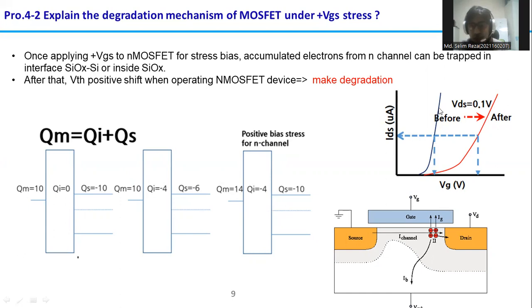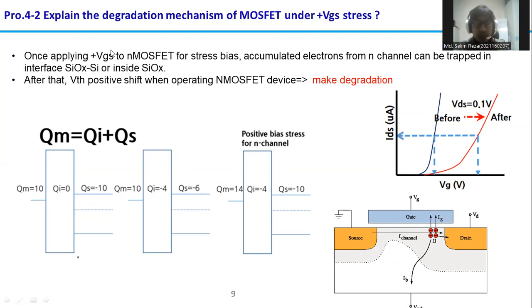The first graph is the initial state, but after 2 or 3 days it shows this graph. That means we need more VG voltage to acquire the same performance. That is why we need to apply the positive bias stress to get the same performance, and this is called degradation.